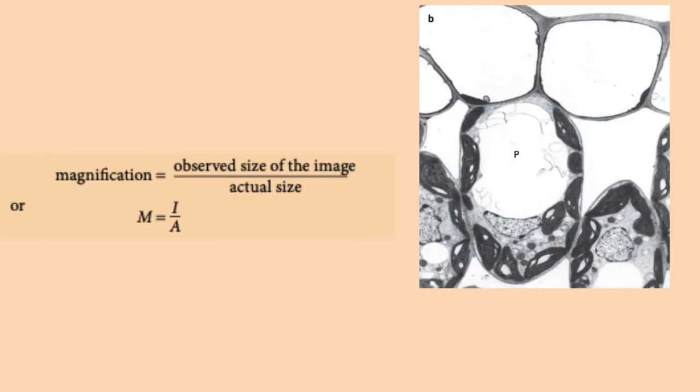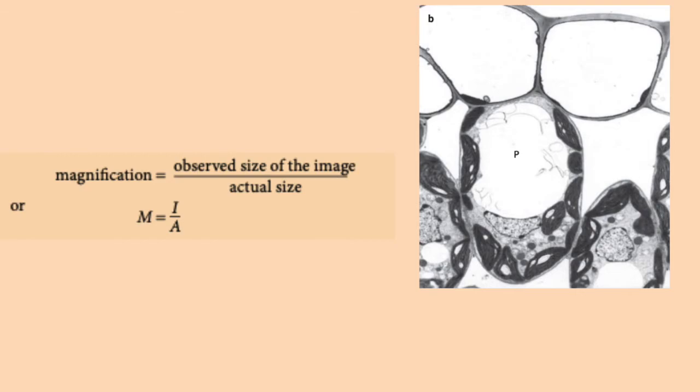So as seen here, the magnification is the observed size of an image divided by the actual size, or M equals to I over A. So if you see the image beside, if the question was to determine the size of cell P, you would have to first measure using your ruler. Depending on if you're using cm or mm, you have to convert them into micrometer.